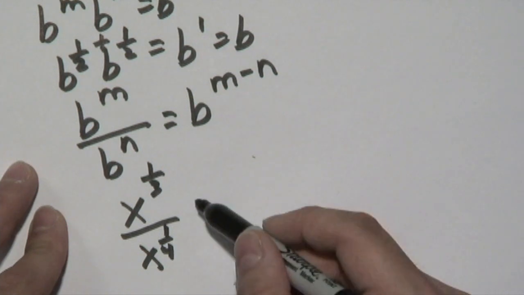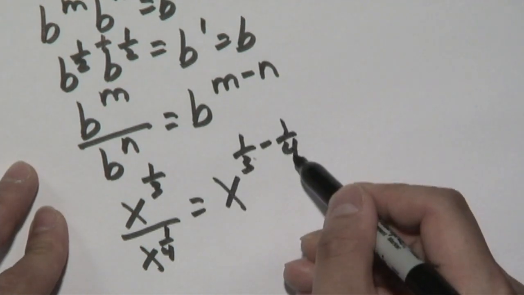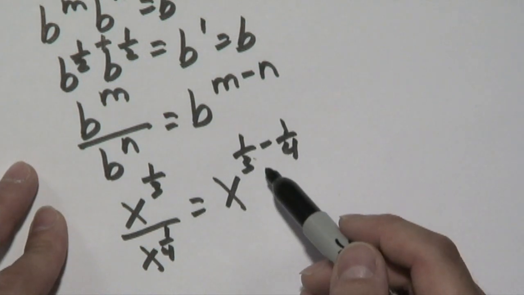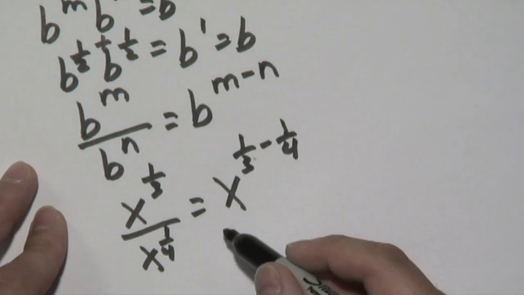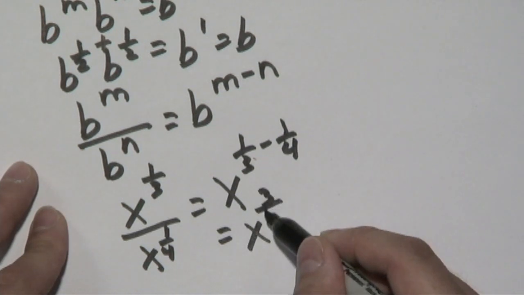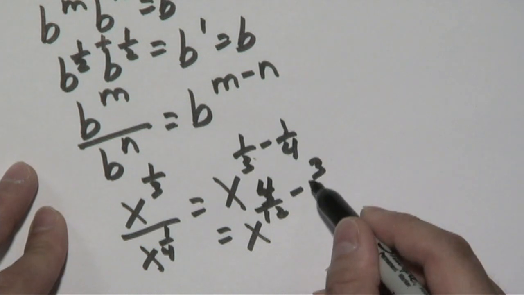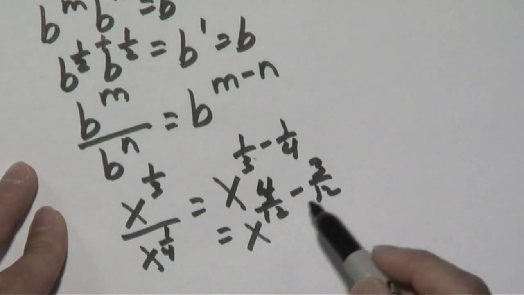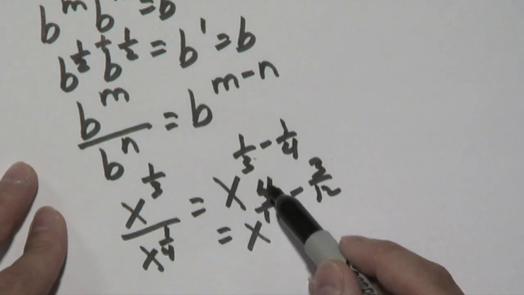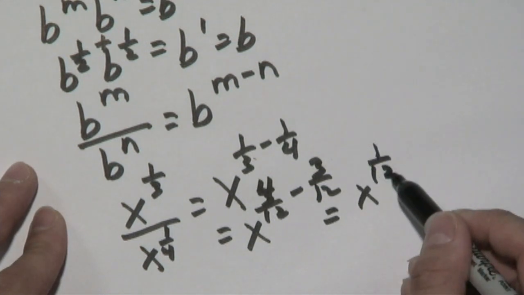Now you would subtract those. You'll have x to the 1/3 minus 1/4. Now, to subtract these, of course, you need to find the least common denominator, and in this case, it happens to be 12. So you have x to the 4/12 minus 3/12. Now, again, all of this is in your exponent form, and so 4/12 minus 3/12 is going to give you x to the 1/12.